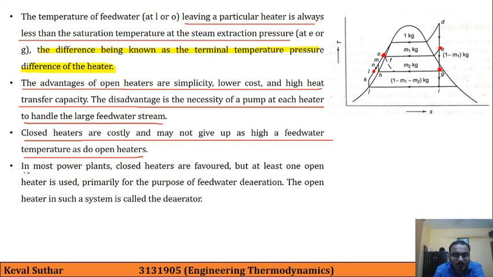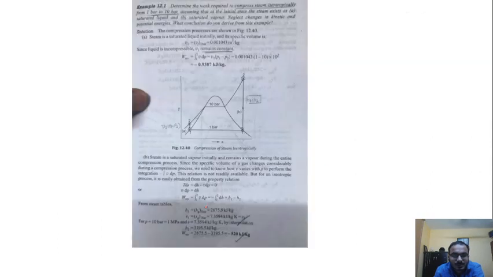In most power plants, closed heaters are favored, but at least one open heater is used primarily for the purpose of feed water deaeration. The open heater in such a system is called a deaerator.